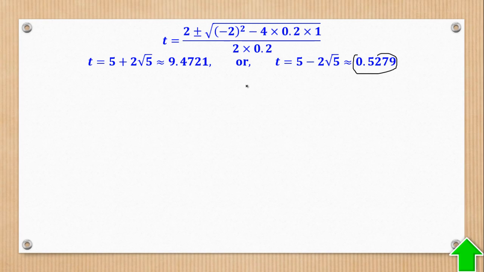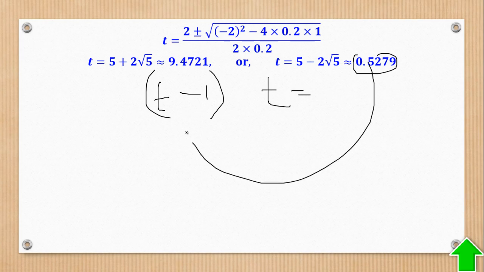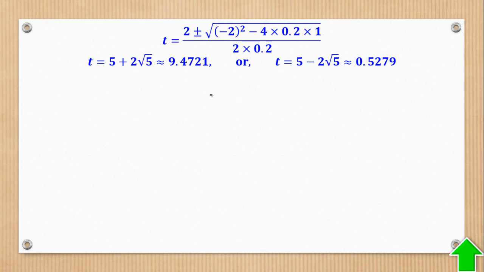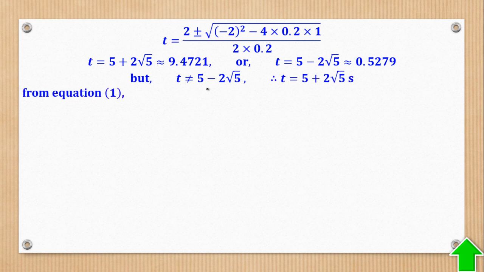It is because during the last second, it means that t must be greater than 1 second. We had t and t minus 1, so if I take 0.5 here, I'll get a negative. So you remove this and we take this as the value of t. Therefore, from equation 1, I can substitute for t to get the value of h which they wanted.